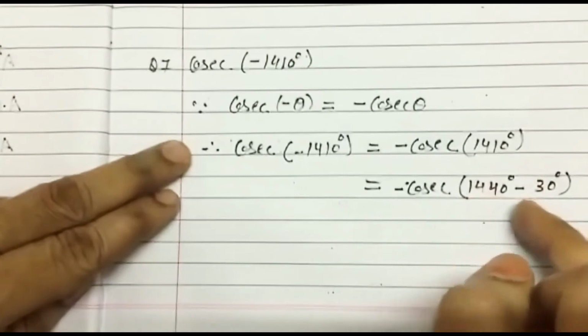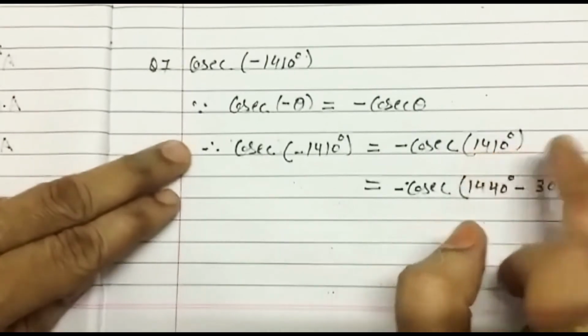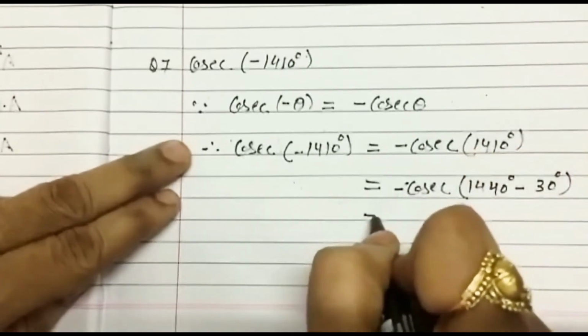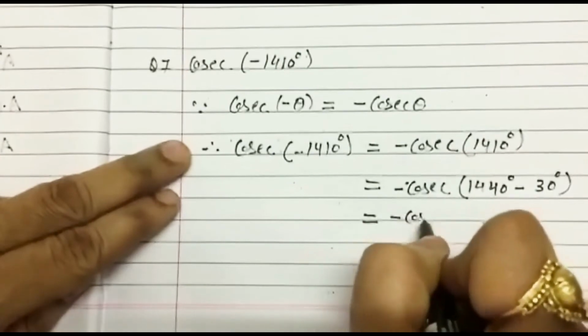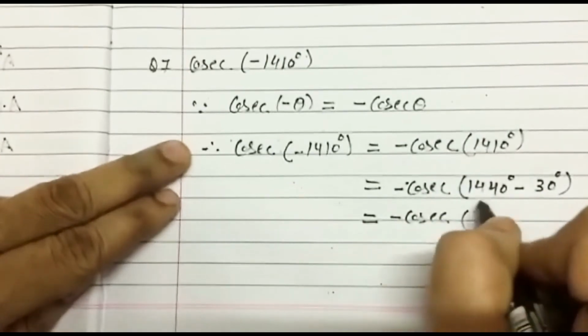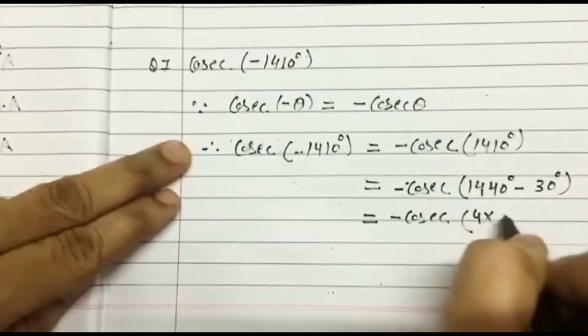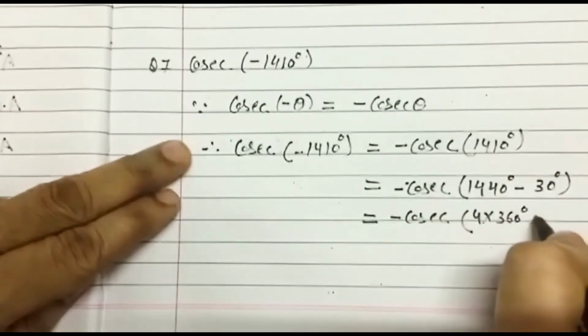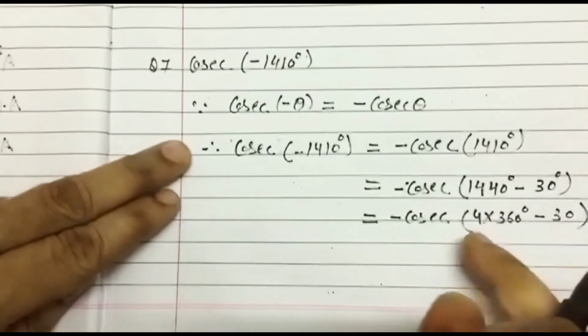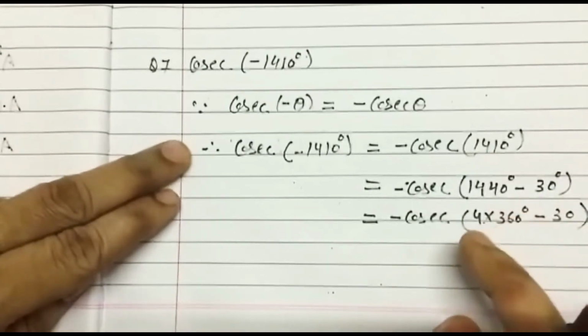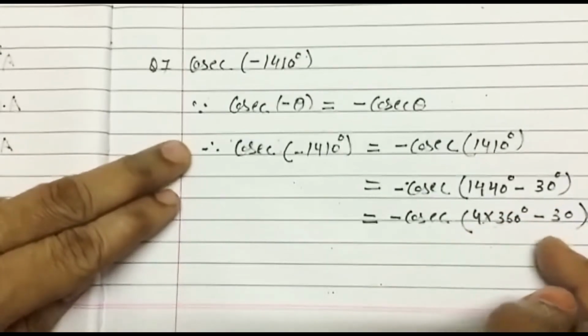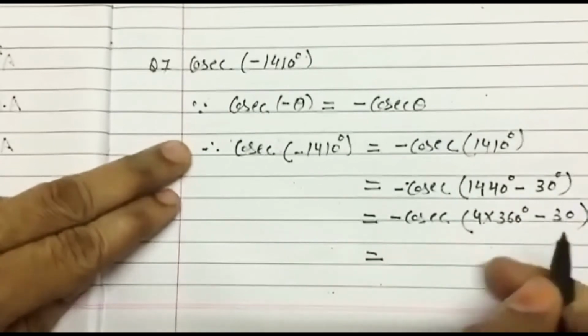If you solve this you will get 1410 degree, and now it is minus cosec of 1440 minus 30. 1440 is 4 into 360 degree. It means 4 revolutions have been completed, and here it is in the fourth quadrant.